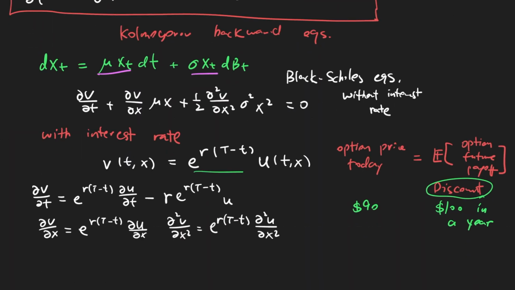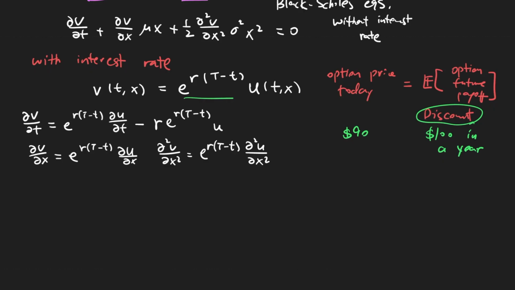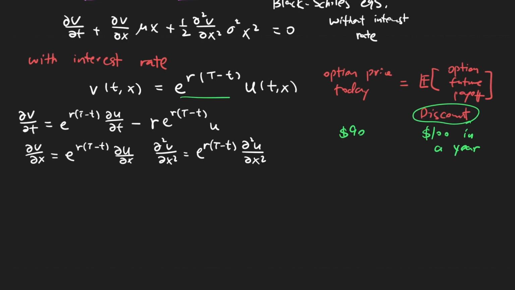Okay, so now if we plug into this equation, we see that this discount factor can just be cancelled.